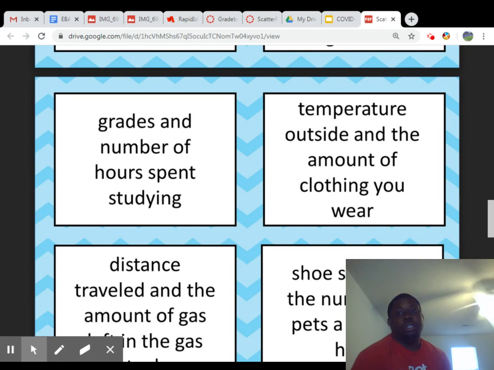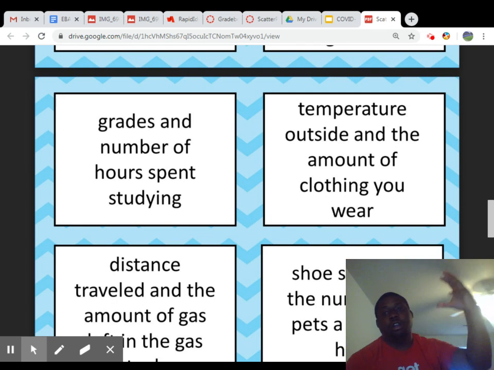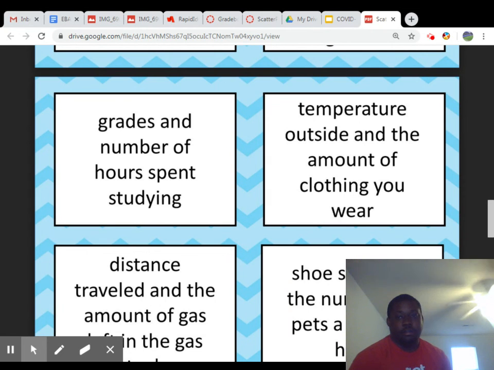All right. So that temperature outside versus that amount of clothing is going to have a negative effect, because again, the higher it is, the less you're going to wear. Okay. The hotter it is, the less you're going to wear. So that means it's going to have a negative effect. Okay. So that means if it has a negative effect, that is going to be a negative relationship.